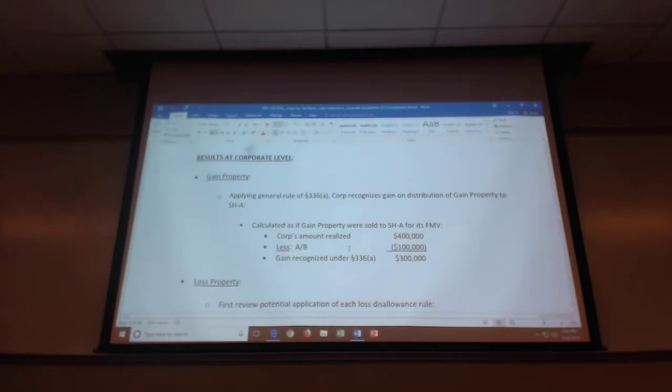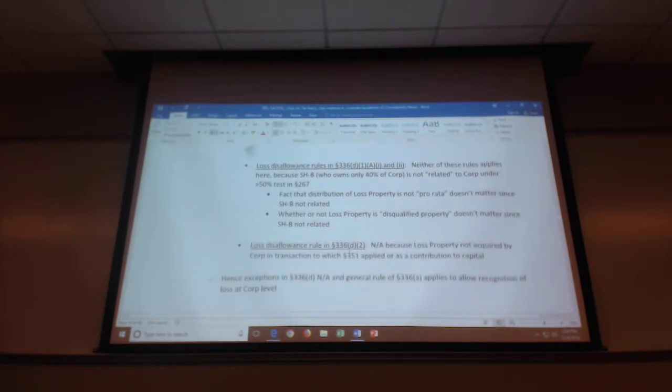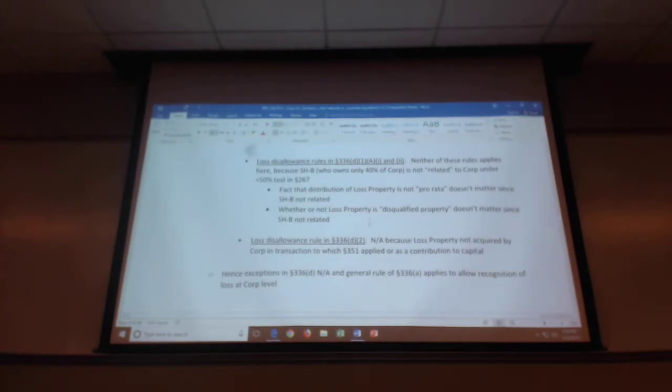Gain property, the analysis is not affected, and when you go through the loss disallowance rules, here, because of the fact that shareholder B, who got the loss property, is not related to the corporation, 336(d)(1)(A) does not apply. Neither of the two rules within that section would apply.